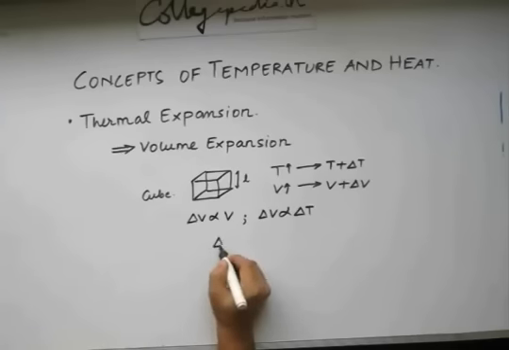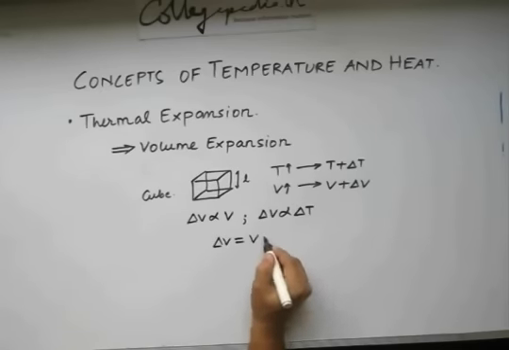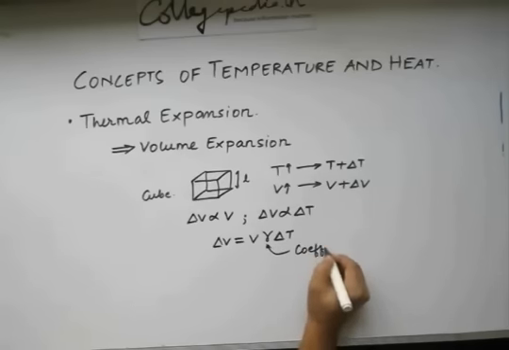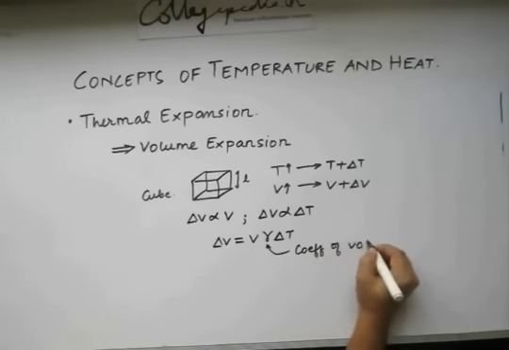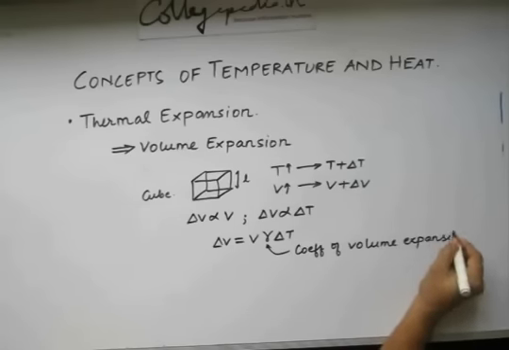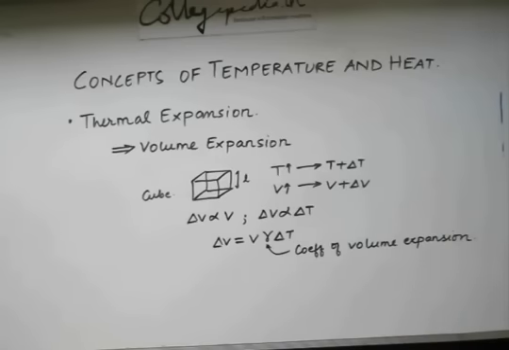From this, we get delta V equal to V gamma delta T. This gamma here is known as the coefficient of volume expansion. Because we have two different parameters to measure expansions, it will be convenient for us if we had some relation between this gamma and that alpha. So let us find the relation between them.